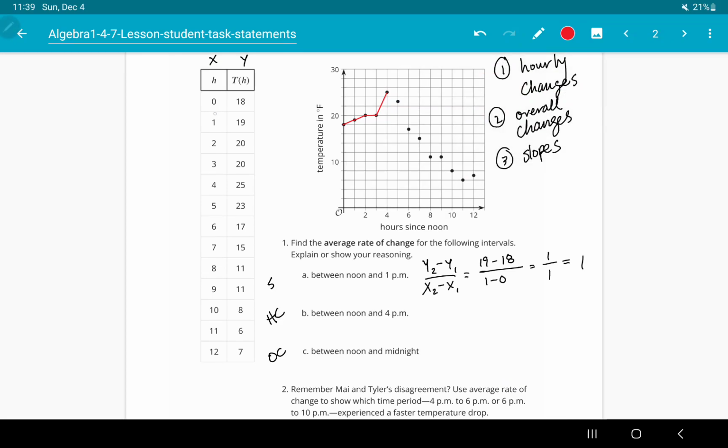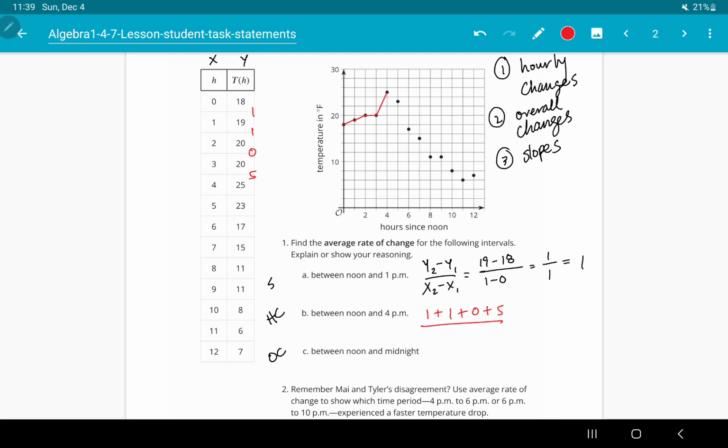So from noon, it was 18, and then from 18 to 19, it changed 1 degree. And then from 19 to 20, it changed 1 degree. From 20 to 20, it changed 0 degrees. And then from 20 to 25, it changed 5 degrees.